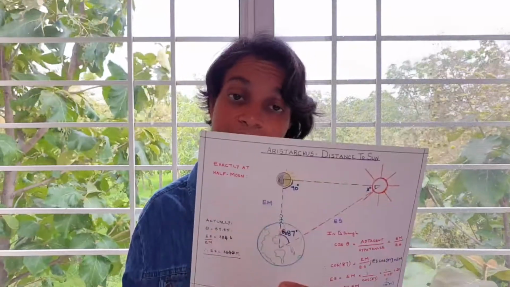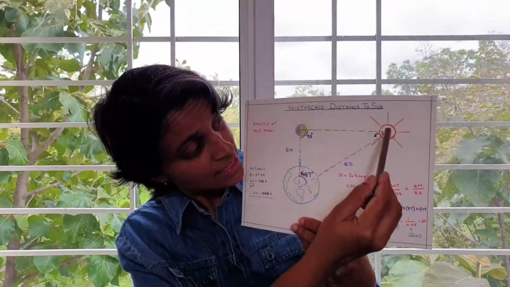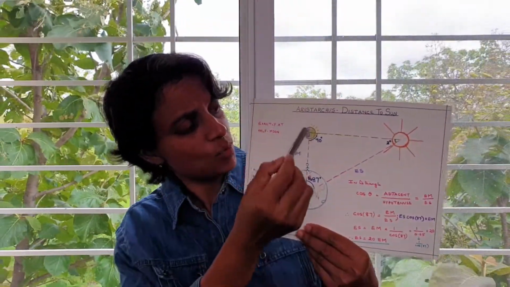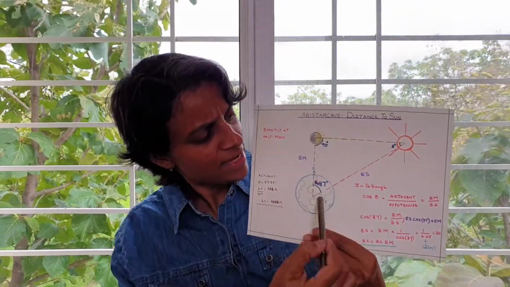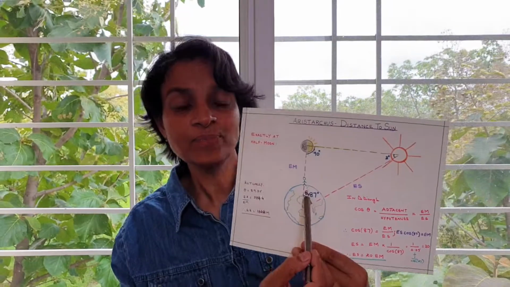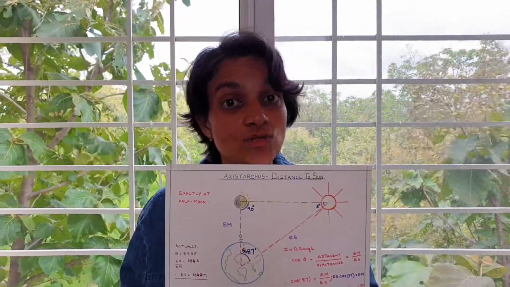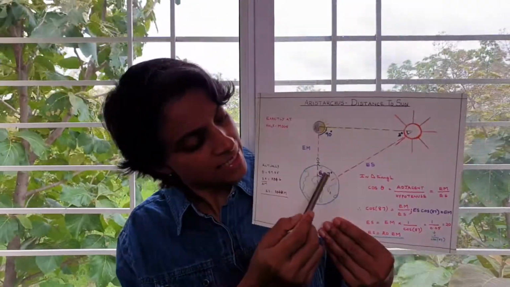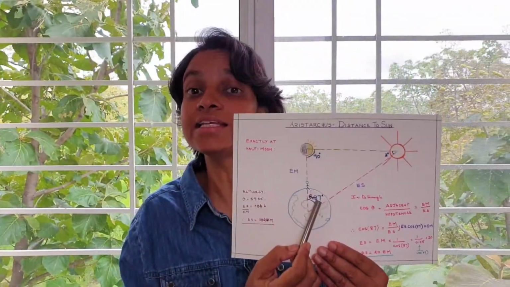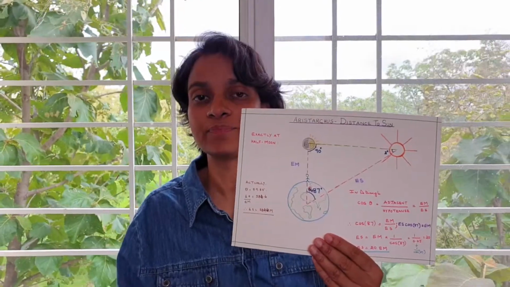Now, Aristarchus thought that if he can calculate the angle sun, earth, moon, SEM, let us say, he will get the distance to the sun. Simple logic. And using the crude instruments of science that were available back then, he calculated this angle as 87 degrees.